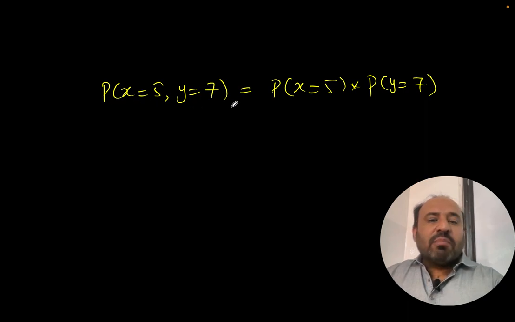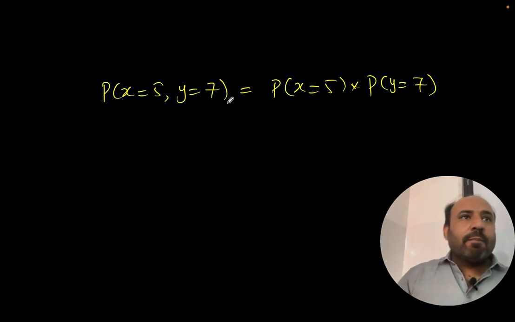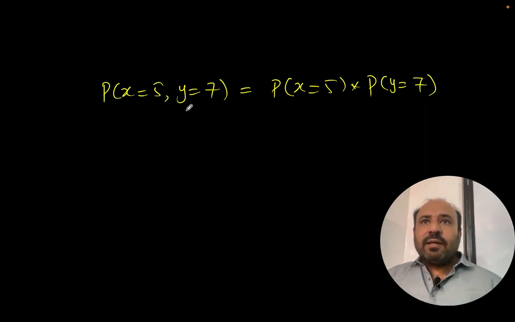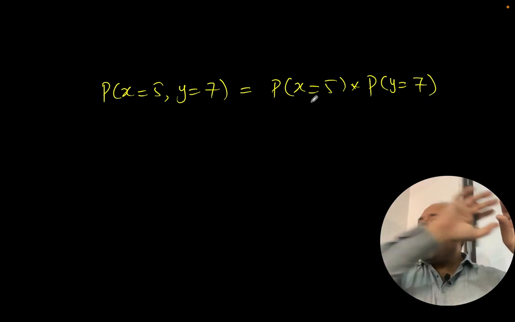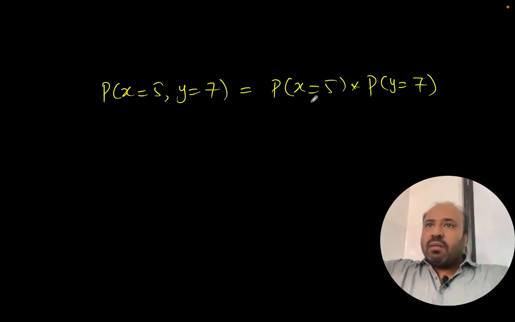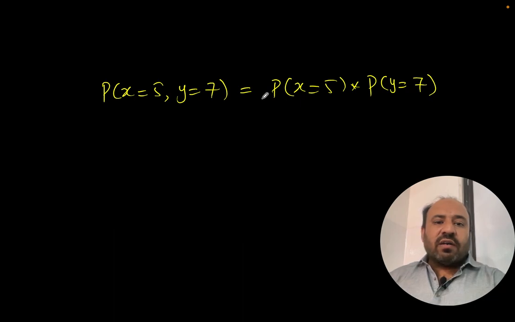Remember, we computed marginal probabilities from the joint, if you remember last time. So for example, what is the probability that x is equal to 5? Well, for x is equal to 5, just add all the values for y. That's one complete row. That's the probability of x is equal to 5, and so on. If this is true, then we can think that x and y are independent. Here this comma is acting as and.